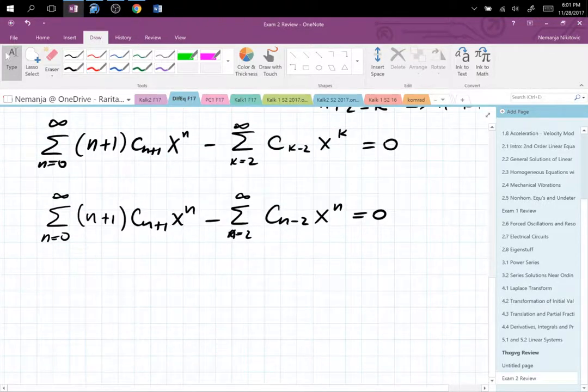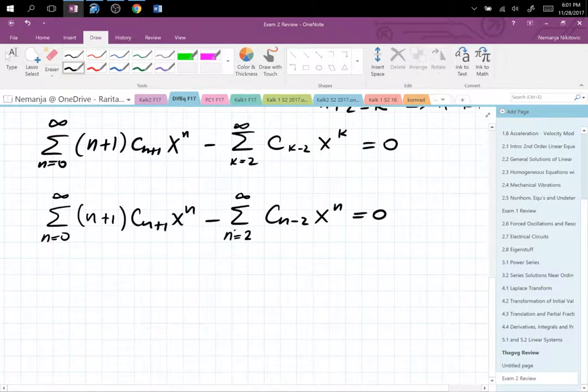Now, we got the exponents to match. I need now to do some peeling, because they don't match on the counter, but they do match on the exponent. So we peel n equals 0 in this case.